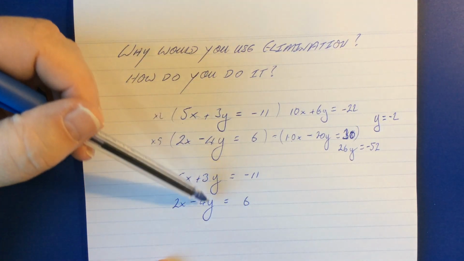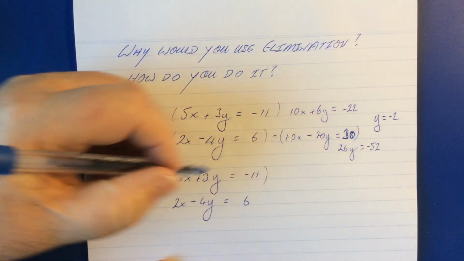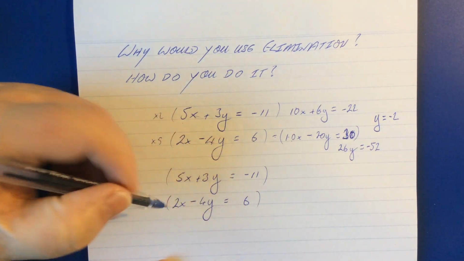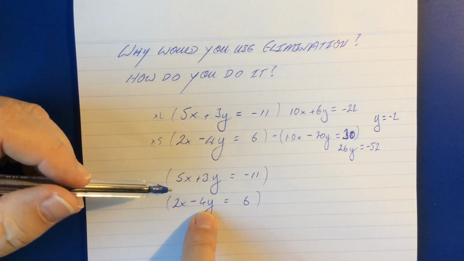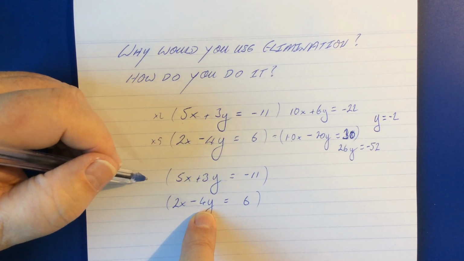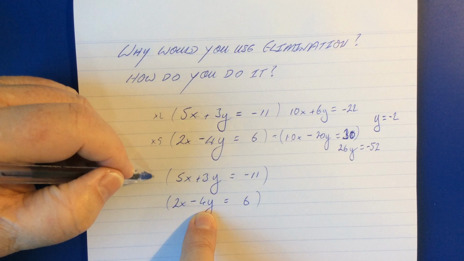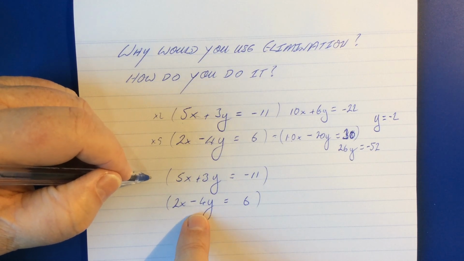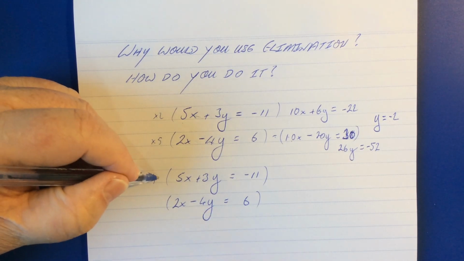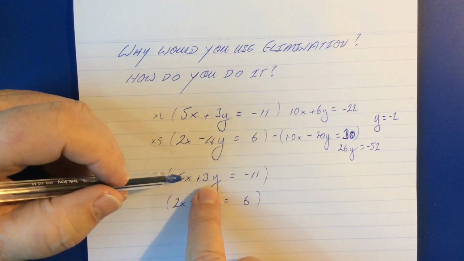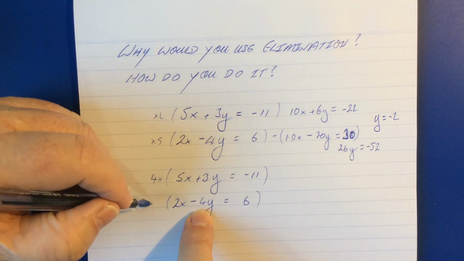It means that I'm going to get rid of the y's. And how I'm going to do that is a very similar process. I'm going to multiply this line here by 4. Not negative 4, 4 will do. And this line here by 3.